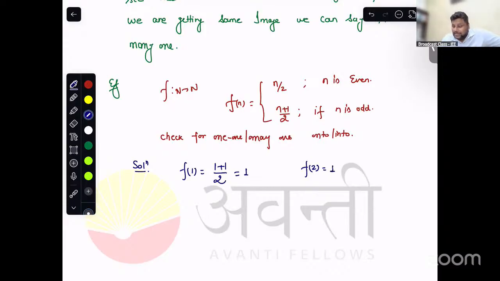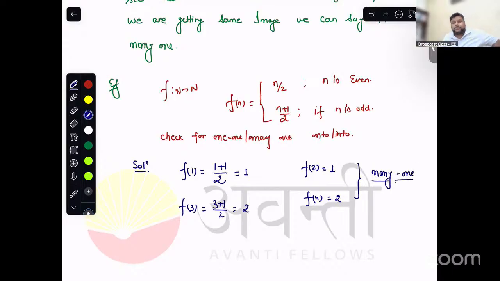So now you realize that 1 and 2 have the same image, 1. Similarly, f(3) will be (3 plus 1) by 2, that is 2. And f(4) is 4 by 2, that is also 2. So these things clearly suggest that this function is going to be many-one.